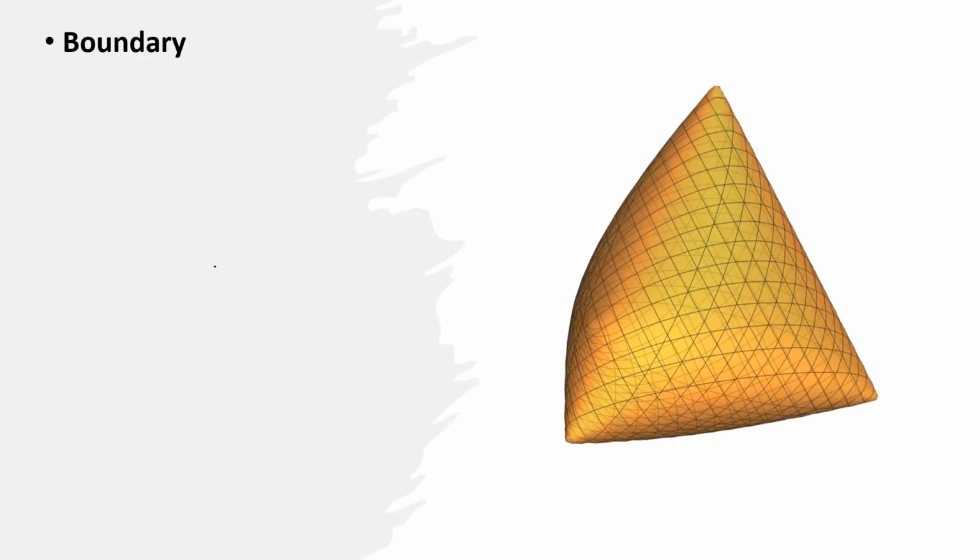Now let us define what is thermodynamic boundary. A thermodynamic boundary is a hypothetical surface or interface that separates a thermodynamic system from its surroundings. Suppose this is a system, right?